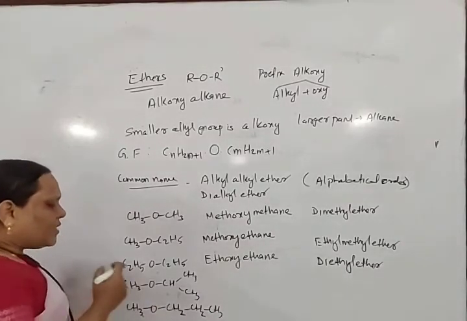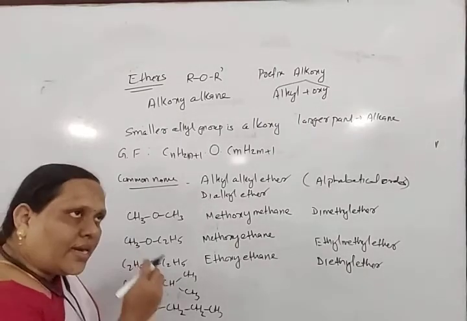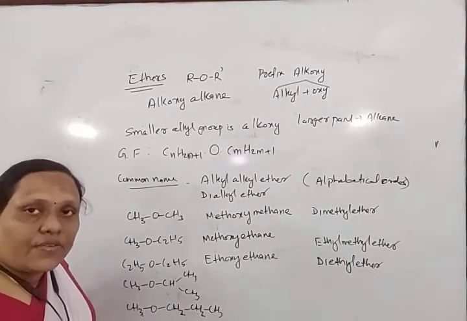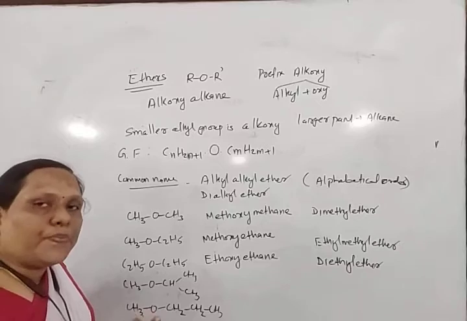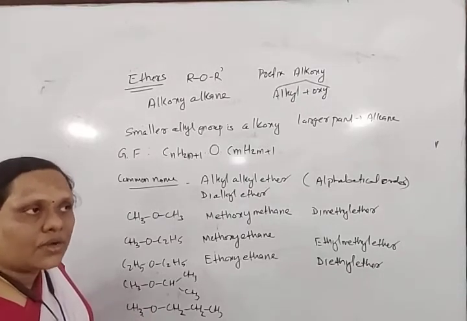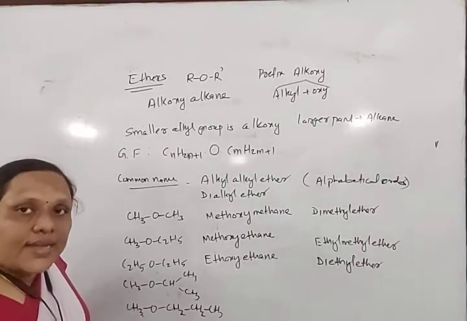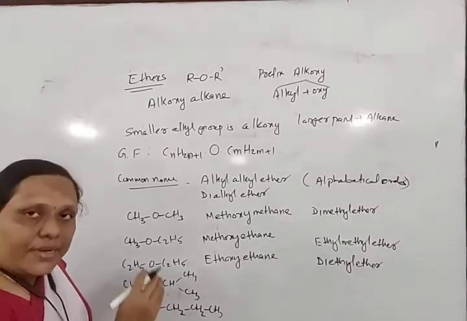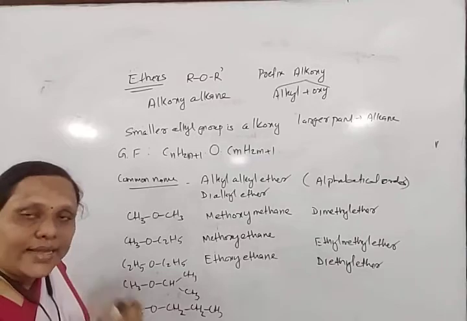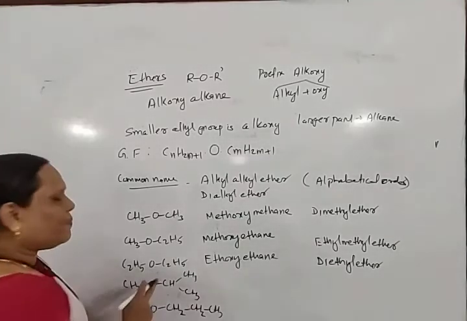But whenever you write in alphabetical order, the N, iso, and tert are not considered for the alphabetical order, only the alkyl groups, propyl and methyl, are considered.